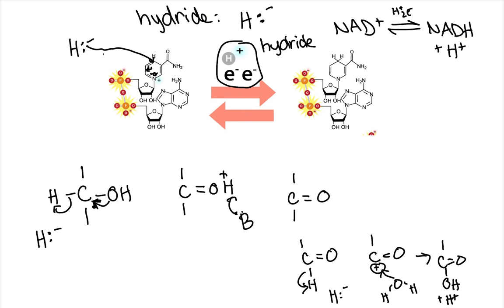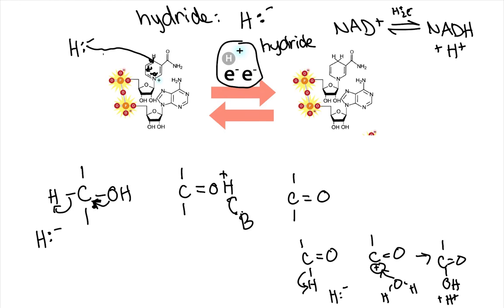So this is why what you'll often see is NAD+ and NADH plus H plus, because you're going to have lost the proton from the water here. And remember, these proton transfers are going to be really, really fast. And so we're going to have a proton be released. And so this is why you'll often see it written this way.